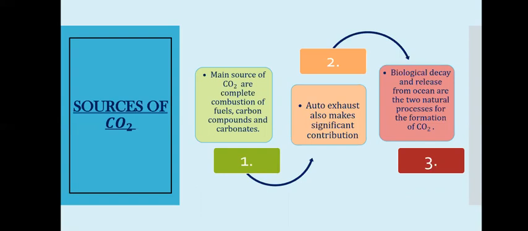So when I heat it, it releases carbon dioxide. The automobile exhaust also is a significant contributor towards carbon dioxide gas. The next one is biological decay, or what we call decomposition, and the release from the ocean. These are the two natural processes for the formation of carbon dioxide.